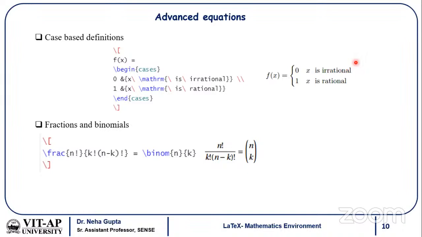Whatever text you have written, your sentences are in some format, and inside the equation this information should come in the similar format. So for that, you should change the mathematical environment for that particular text. What is written there is irrational. To change that, you always have to use this command, slash math rm.